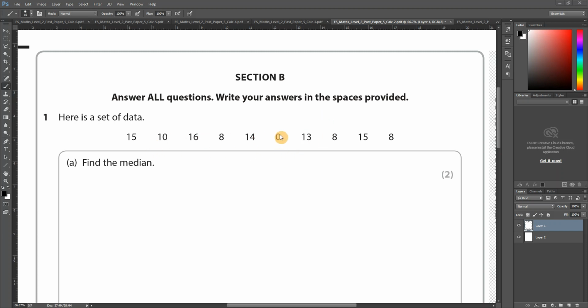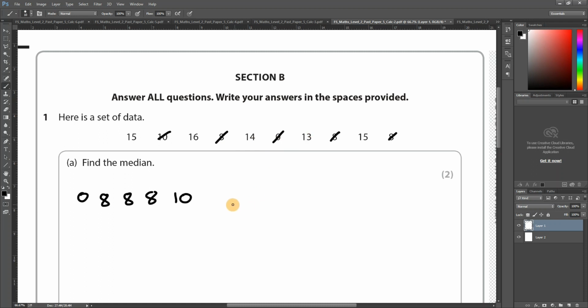So I can see straight away, I can see a 0, that goes first. Let's cross it off the list as well. Next one is, I've got 3 8s. Let's cross them off. Next one looks like the 10.